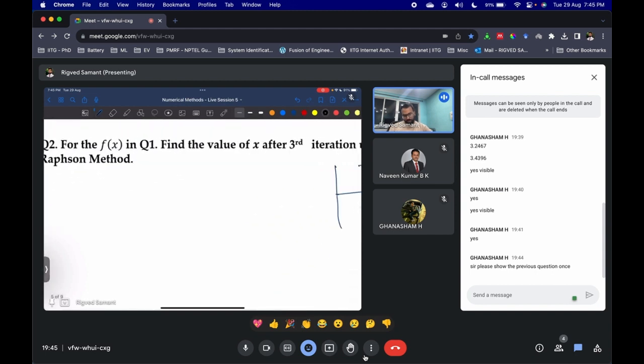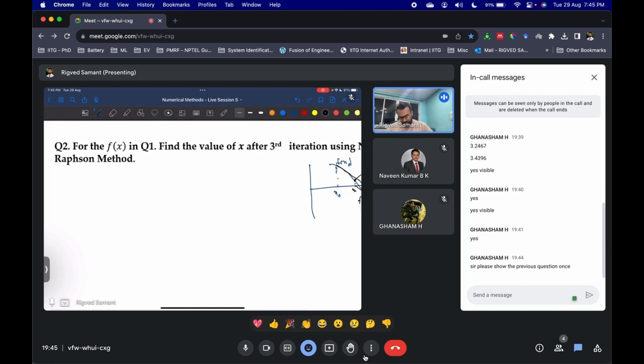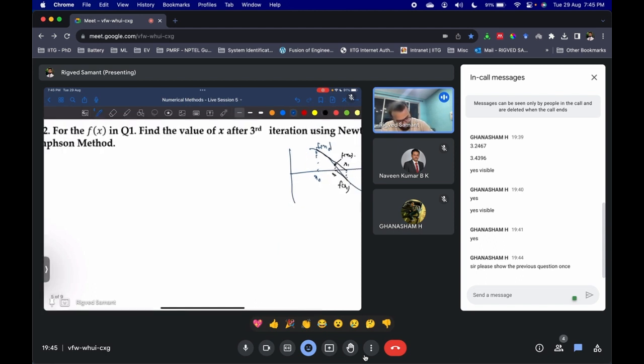So find the value of x after third iteration using Newton-Raphson method. If you see its formula, that tangent, that slope formula for the equation of line, it is x of i minus f of xi divided by f dash of xi.